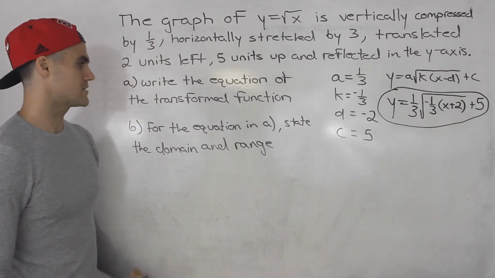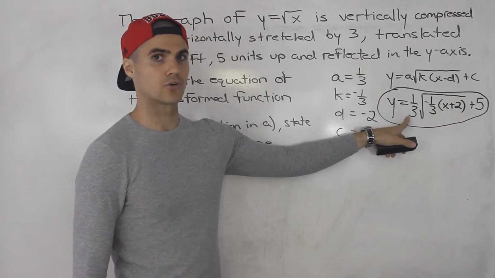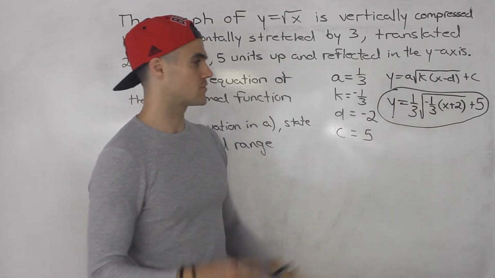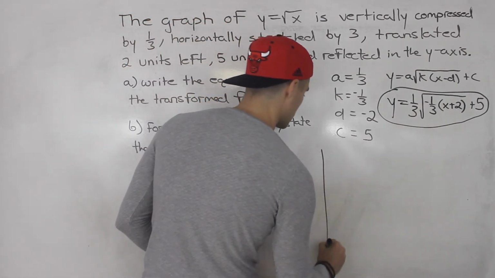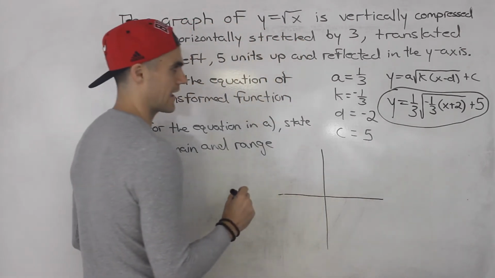Now for part B, to state the domain and range, what I recommend is taking this and graphing it. Now you can put this through transformations, which we've done tons of questions on, but what I'm going to do in this question, just to switch it up a bit, is I'm just going to do this by hand.